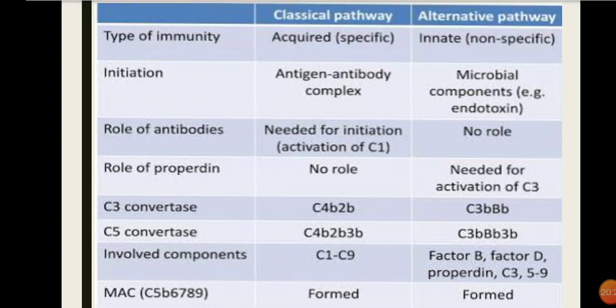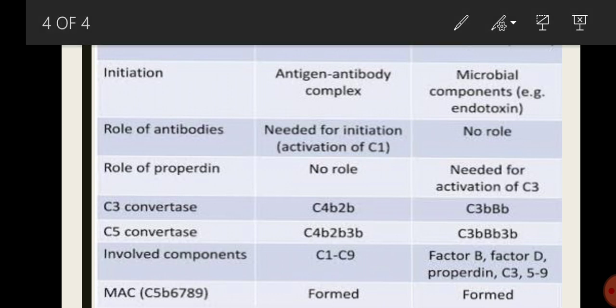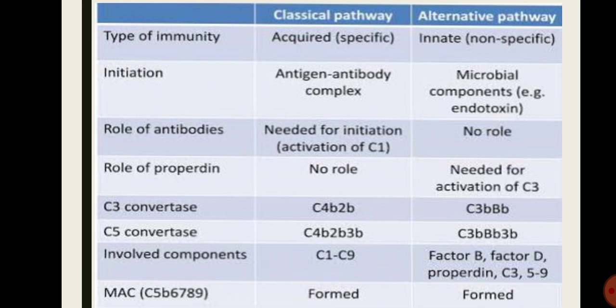In the classical pathway, we will see that it is actually a type of acquired immunity. Okay, acquired immunity, while alternate pathway is innate. What do you mean by acquired immunity? We had antibodies, okay, and antibodies are acquired, are formed as a result of the exposure to the bacteria.